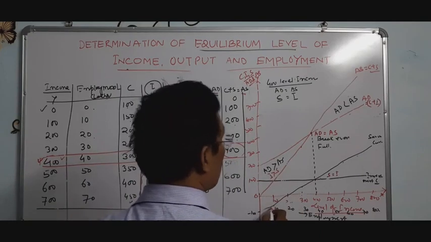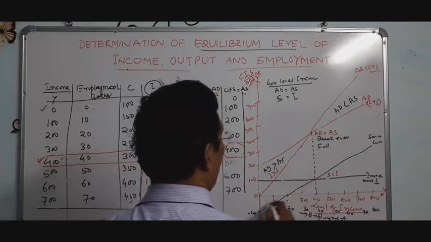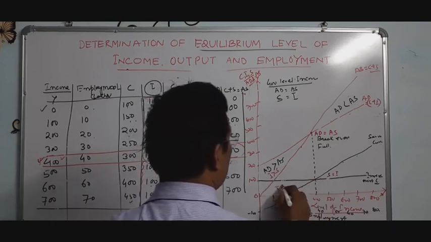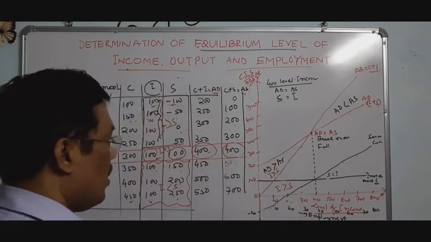This is that saving line, and this is the investment line. So up to this, I is greater than S. So here AD is greater than AS means I is greater than S.